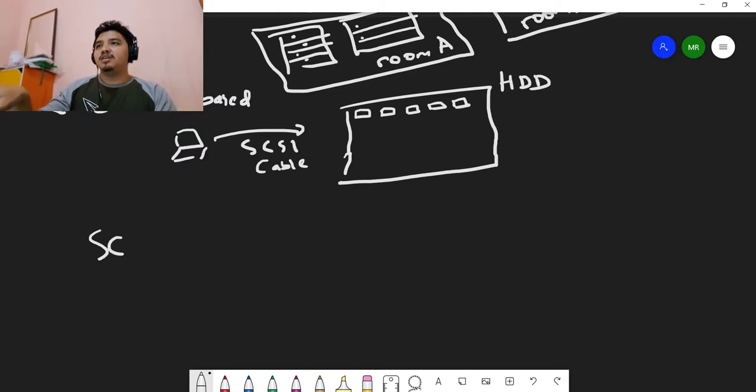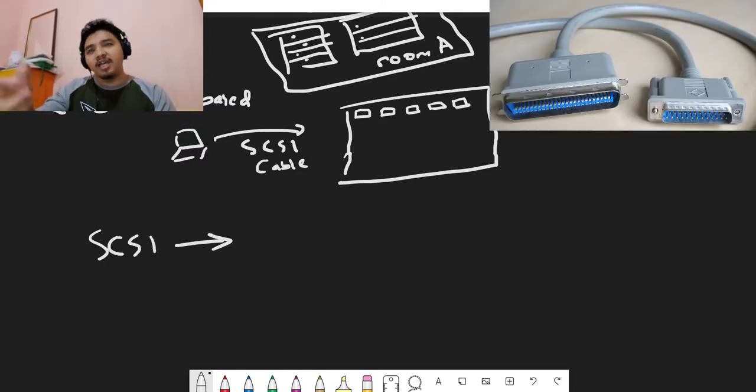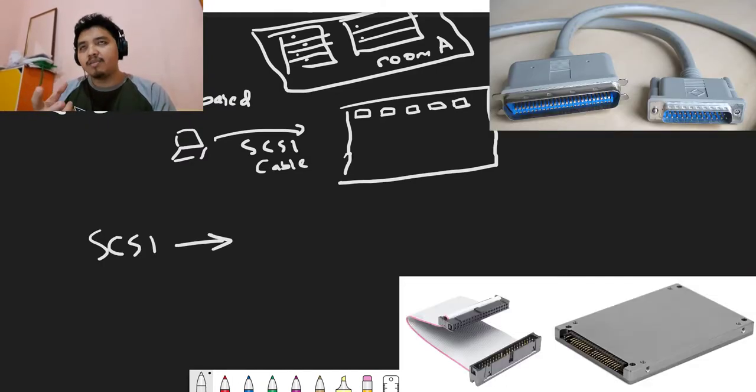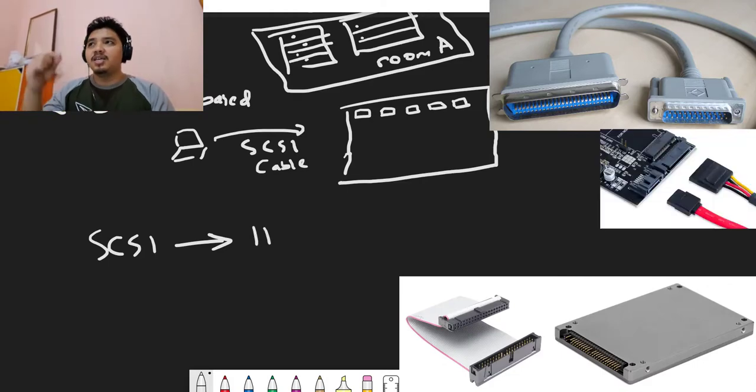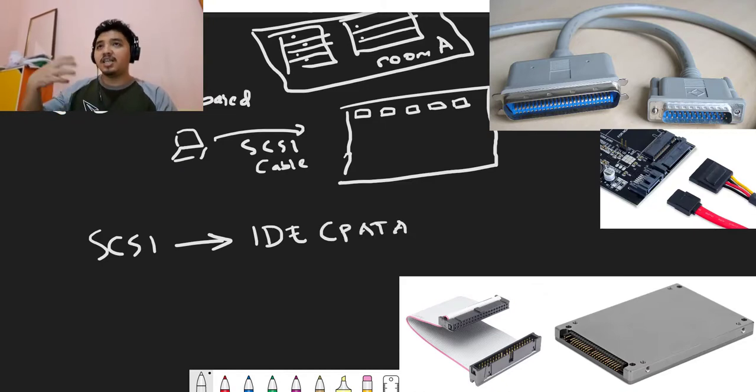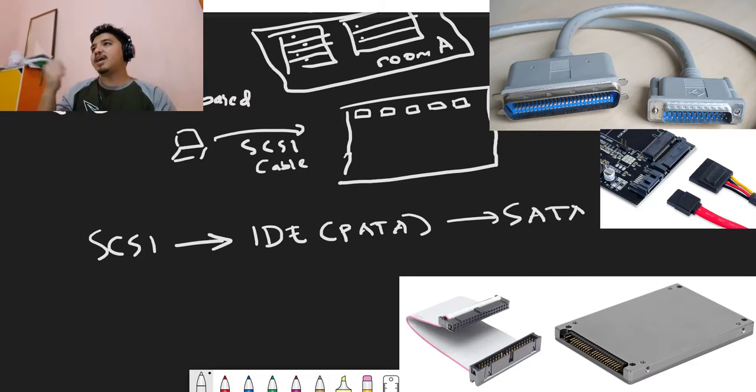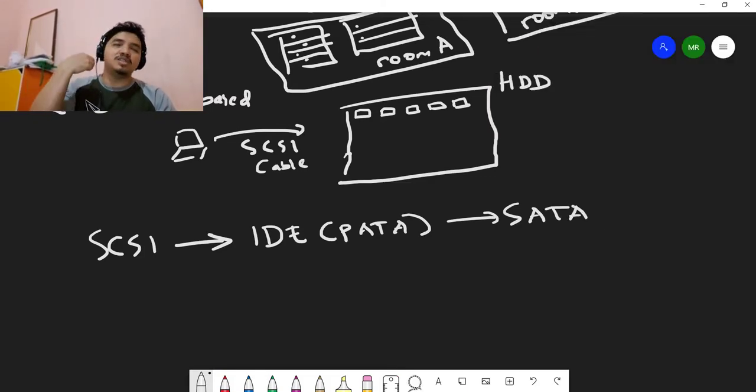Then we moved to the IDE cable, the PATA cable, and the latest one is the SATA cable. It is the interface that sends data from the CPU to the hard drive, or from the hard drive to the CPU, the CD-ROM, the motherboard, and so on.